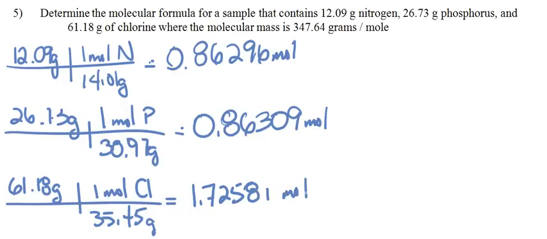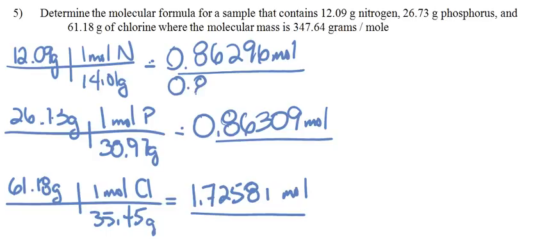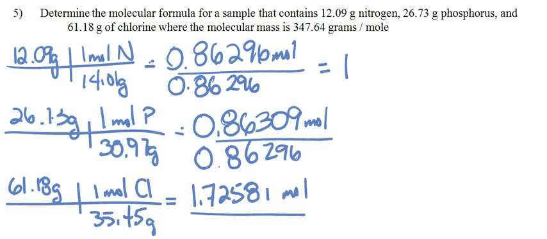That is not my mole ratio. Notice I still have units here. So for my mole ratio, I want to find out which of these is the smallest value. And these are relatively close. So we'll say that this one's the smallest. 0.86296.